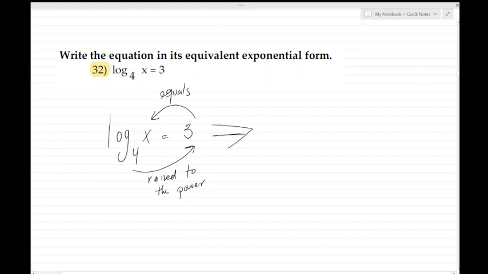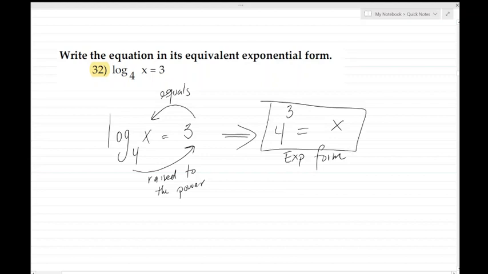So that means the following: 4 to the power 3 equals x. And this is exponential form. If you keep that in mind, it'll help us solve many other problems later on. That's our answer. We don't have to simplify because otherwise it won't be in exponential form.